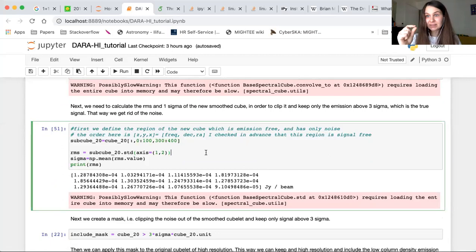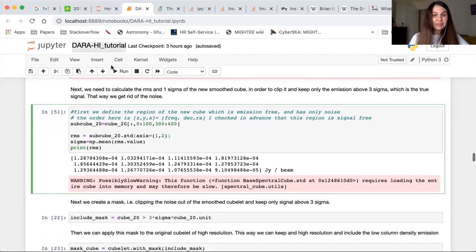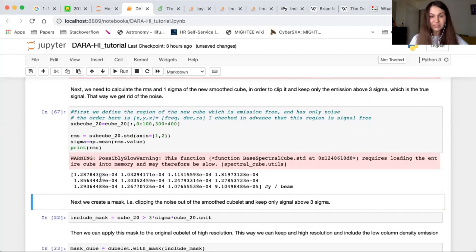We create a little subcube of that region in the corner, and we calculate its RMS as standard deviation, which is the same as the mean if your noise distribution is Gaussian. Then we calculate sigma as a mean of RMS in every channel. Here we can, for example, print our RMS. It's very small, but again, it's not 0, which is important.